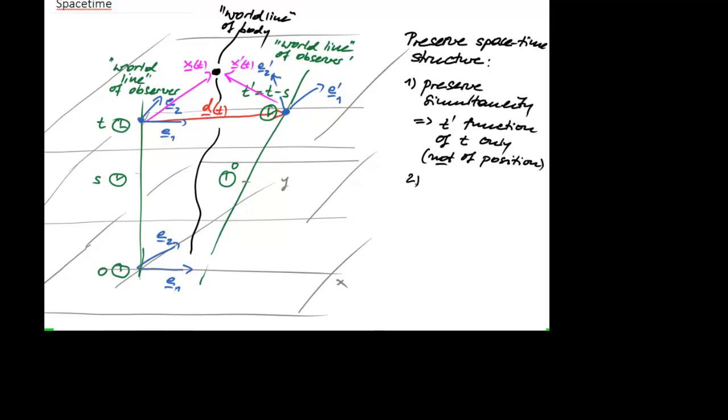Now, the second requirement is that perhaps we don't have the same clock time, but at least we have the same notion of duration, of length of time. So I would like to make sure that we preserve time intervals.